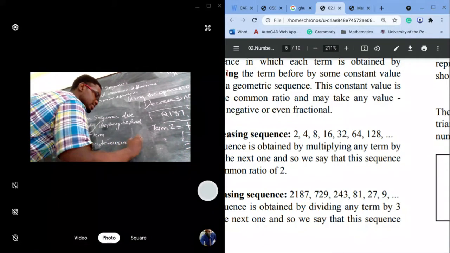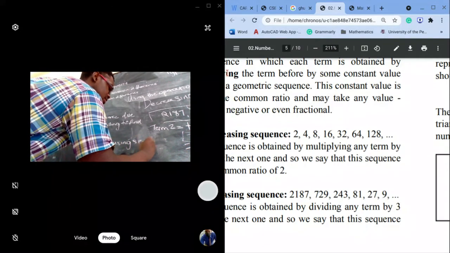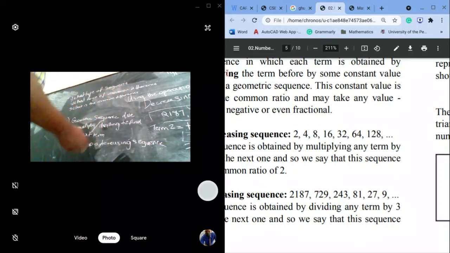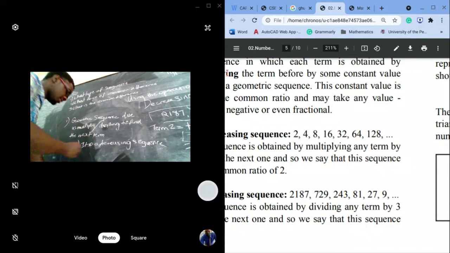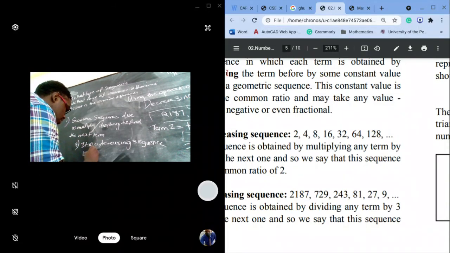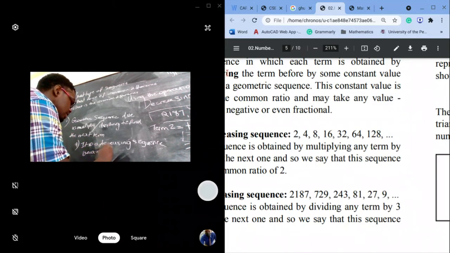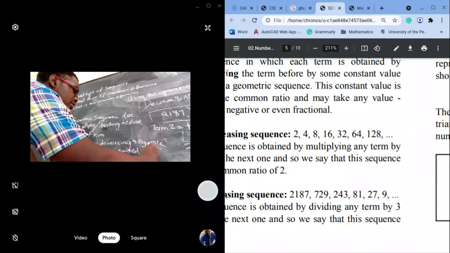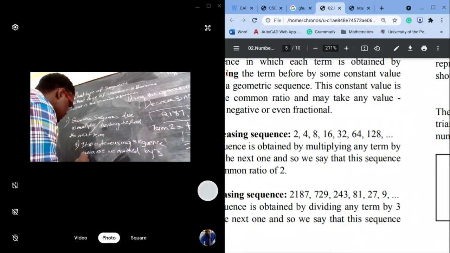Why? Because we divided by 3 each term. All right? Because we divided by 3 as the rule.